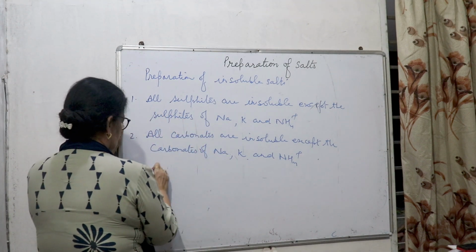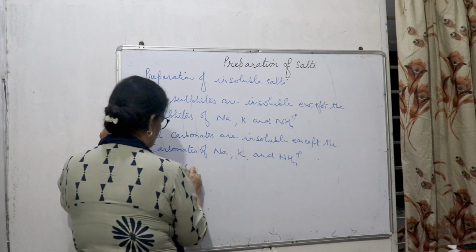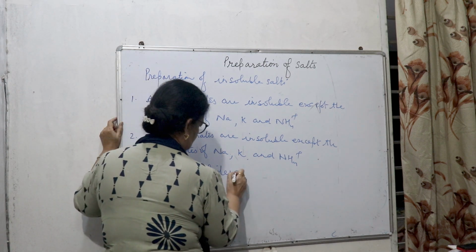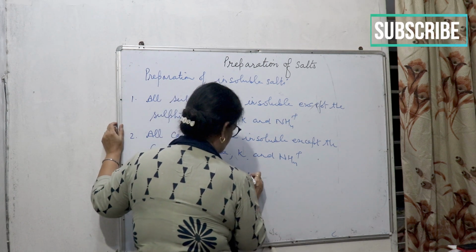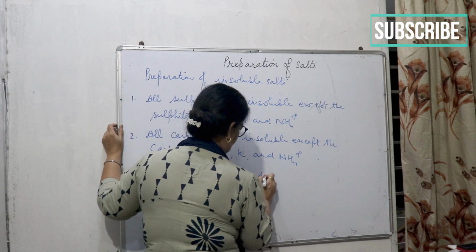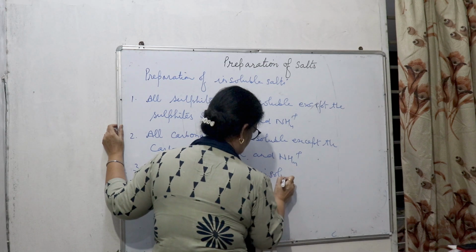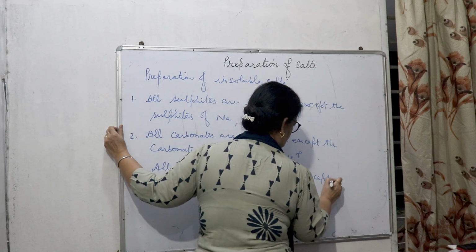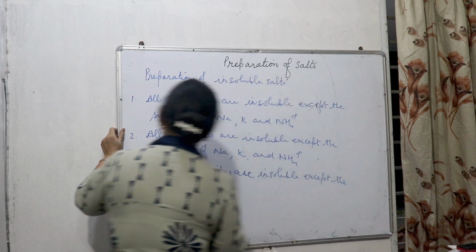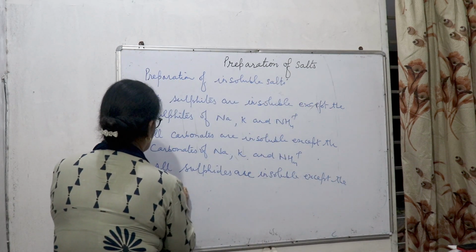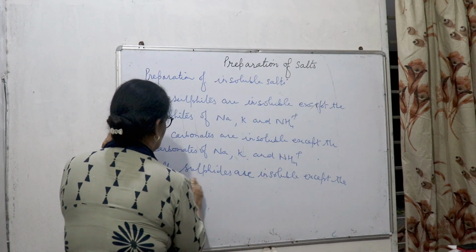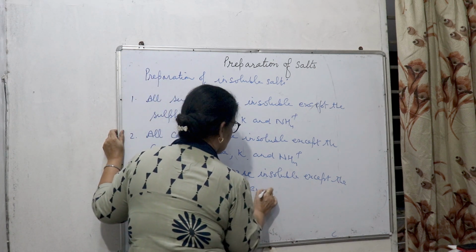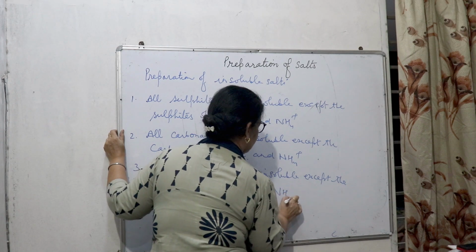Then third one is all sulfides are insoluble except the sulfides of sodium, potassium and ammonia.